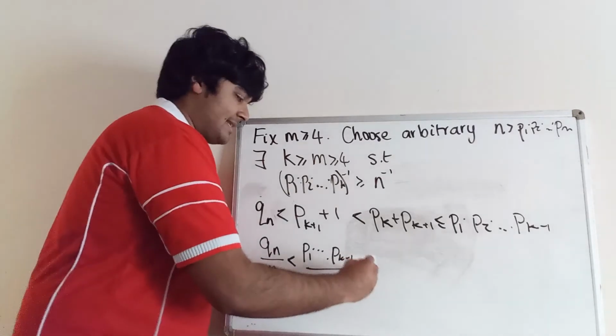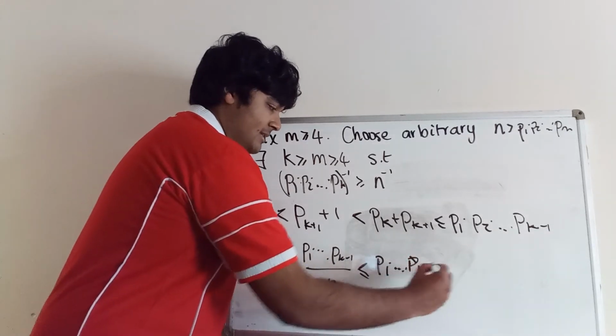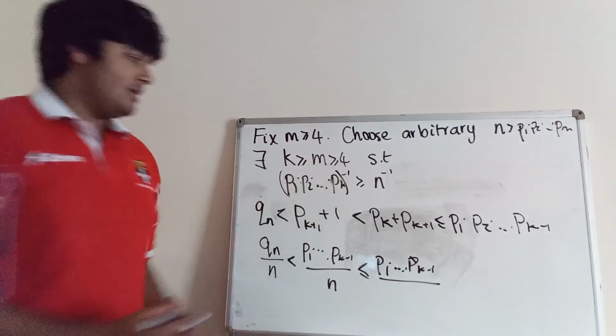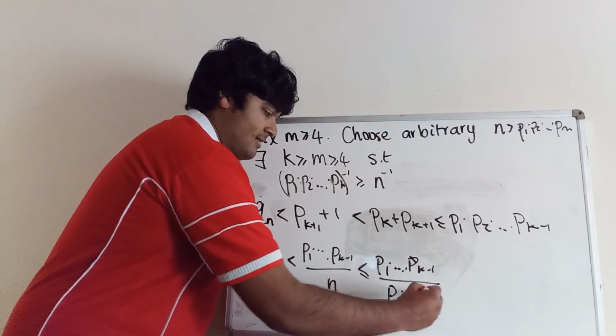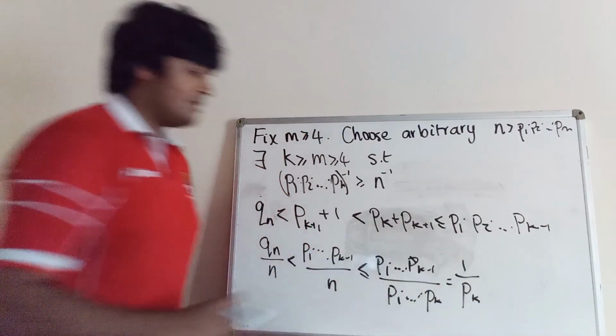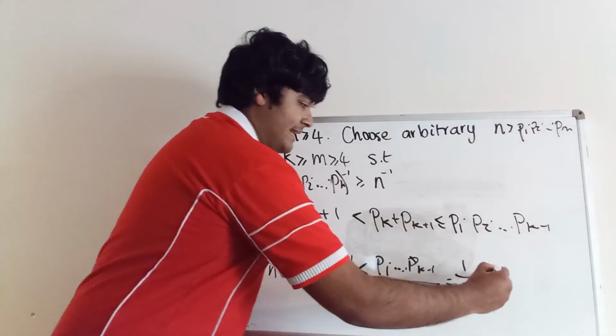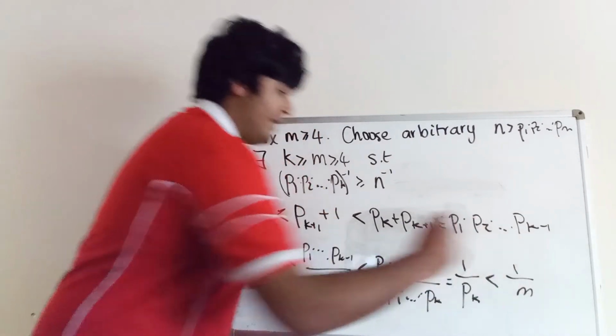So this is less than or equal to p1 times up to pk minus 1 divided by p1 all the way up to pk. But this is of course just 1 over pk, so 1 over the kth prime, and this is certainly going to be strictly less than 1 over m.